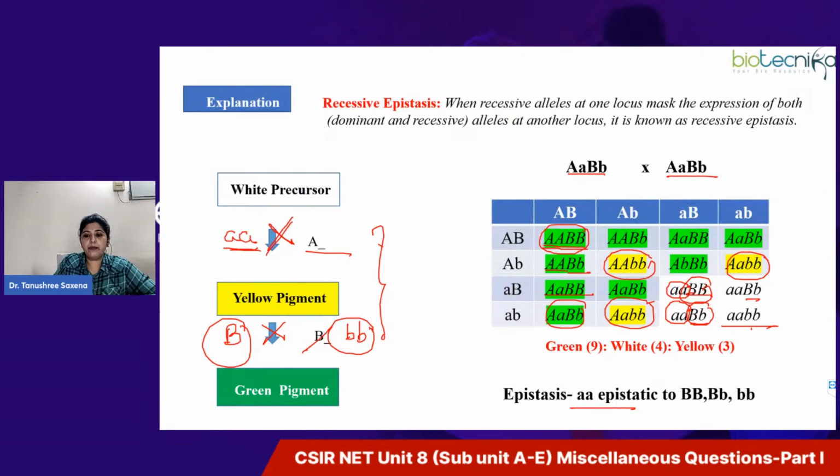So we have a dominant B allele here, so we should get yellow. But we are not getting yellow here because of the epistasis. We can say that this recessive allele A is epistatic, or it masks the expression of the dominant and recessive alleles of the other locus, that is the dominant B and the recessive b allele. It's an example of recessive epistasis.